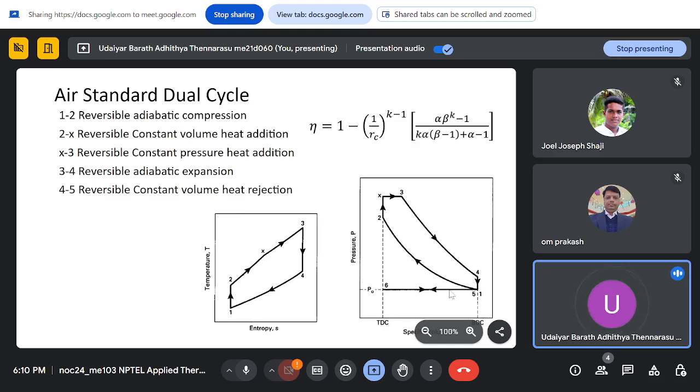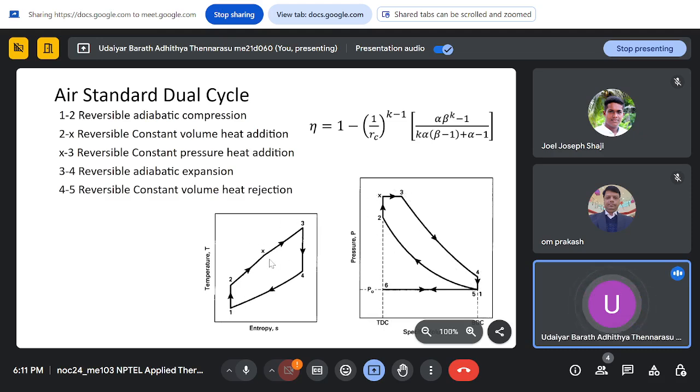So you have adiabatic compression, and then some amount of heat addition is happening at constant volume, and some amount is happening at constant pressure. And then 3 to 4 is again adiabatic expansion, and 4 to 1 is an isochoric heat rejection.